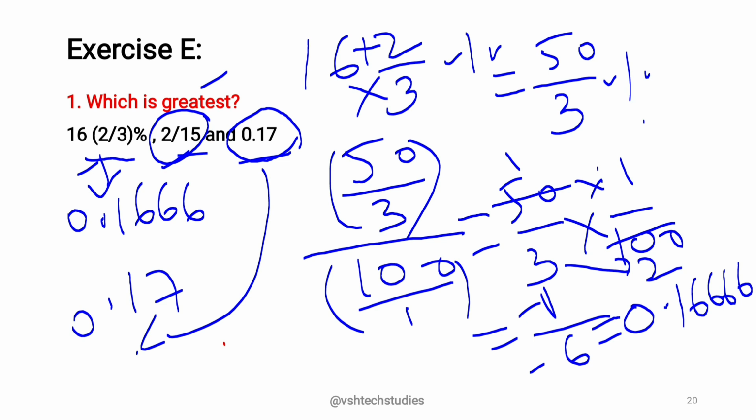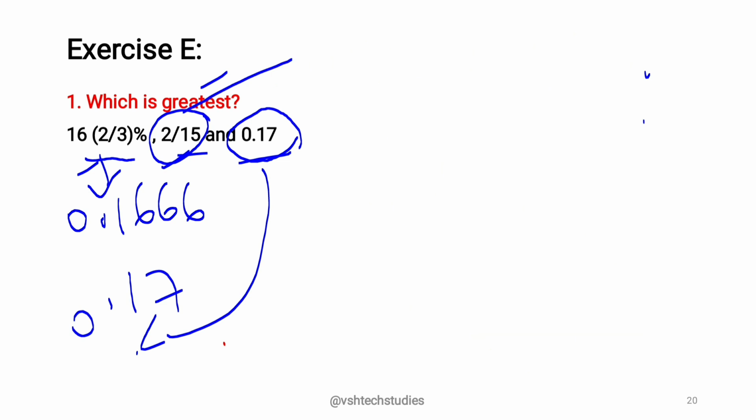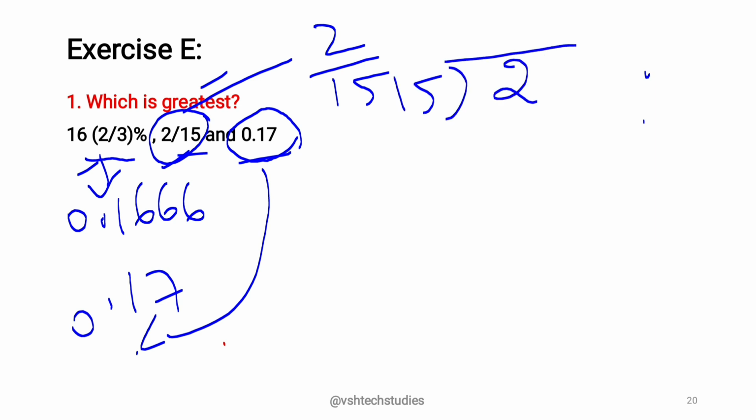Now we will convert this to decimal. So taking 2 by 15. So 2 by 15 means divide 2 by 15. So taking 2 divided by 15 we cannot do. 15 zeros are 0, 2 minus 0, 2 here. So taking point and 1 zero here, 15 ones are 15.